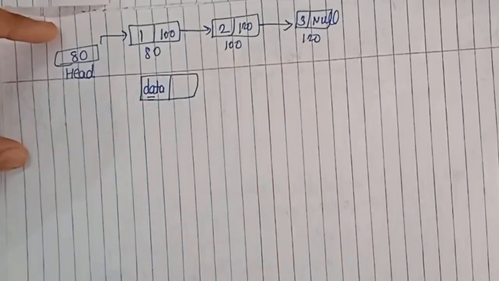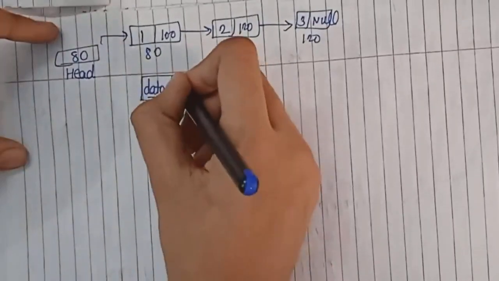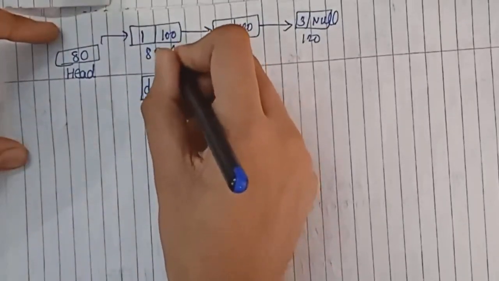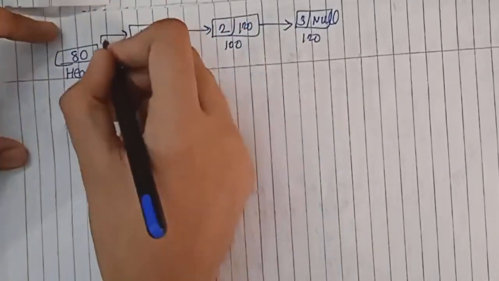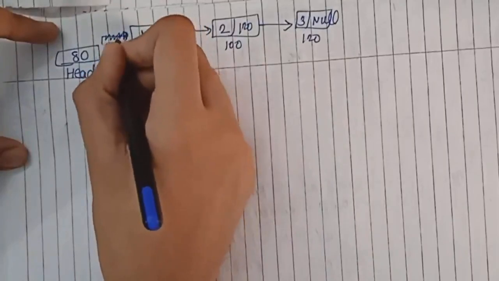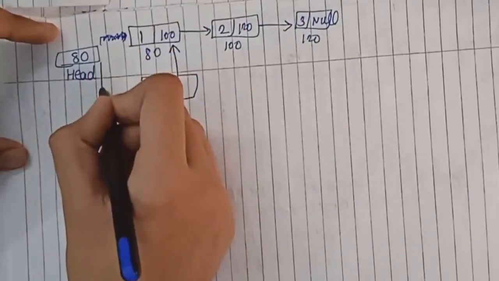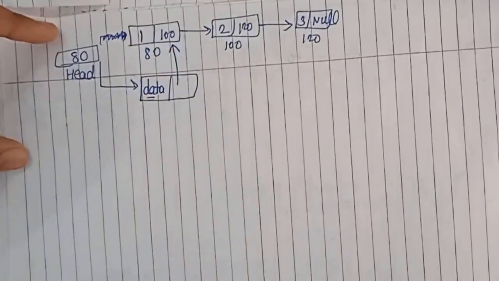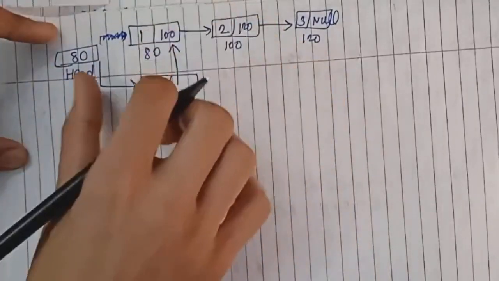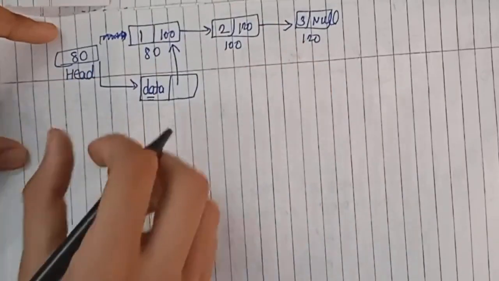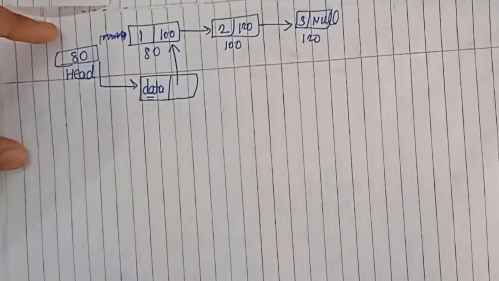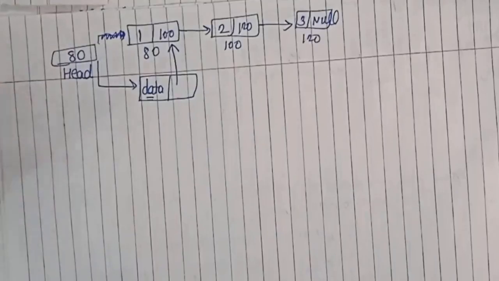With the second code line, I created the link between them. And with the third code line, I broke this link and created the link between them. These links are created using the addresses, as I explained earlier. I hope this is clear to you.